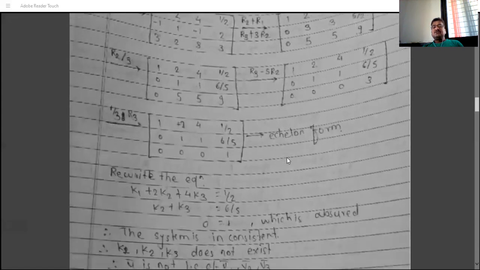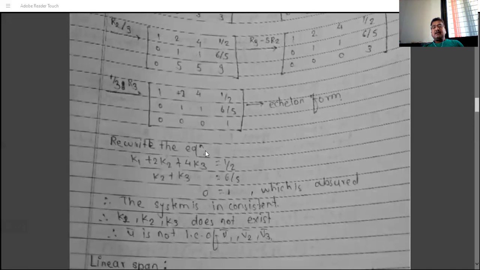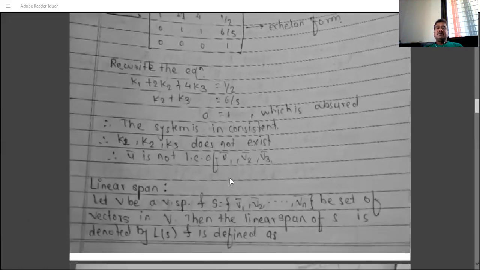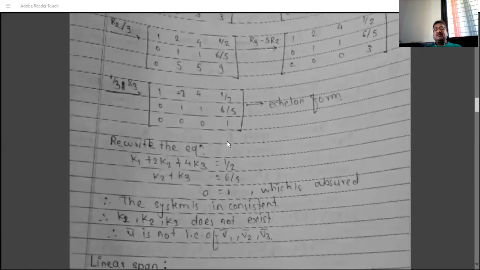Therefore, in the case of infinitely many solutions, the values of K1, K2, K3 may look different in form, but the answers are the same. This is an echelon form, and someone may have a different one.